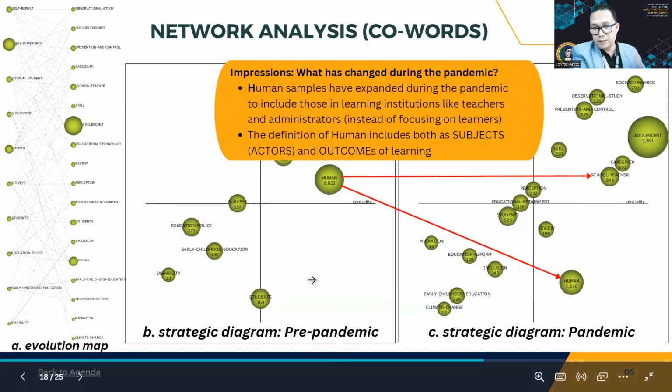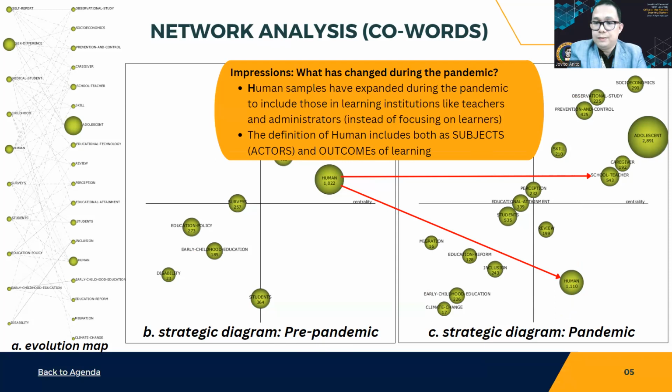Another one is a conceptual aspect in our result. The role of humans, or human beings. Human samples have expanded from being mainly described in the pre-pandemic period as covering the adolescents, the male and the female.